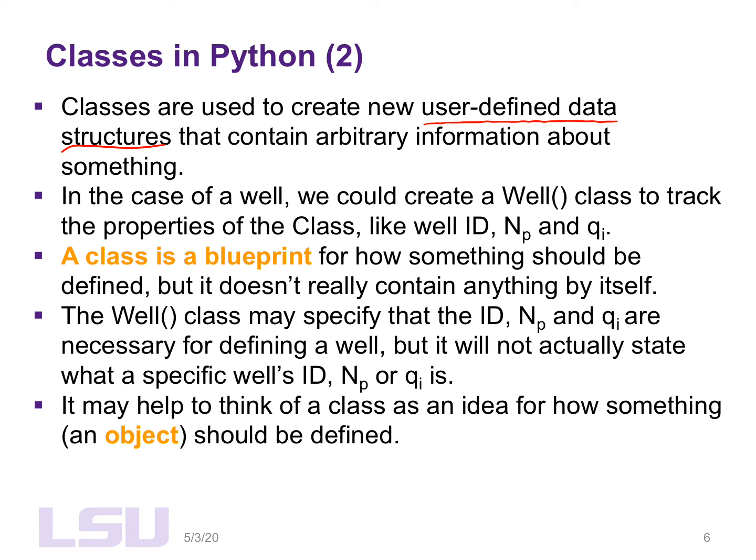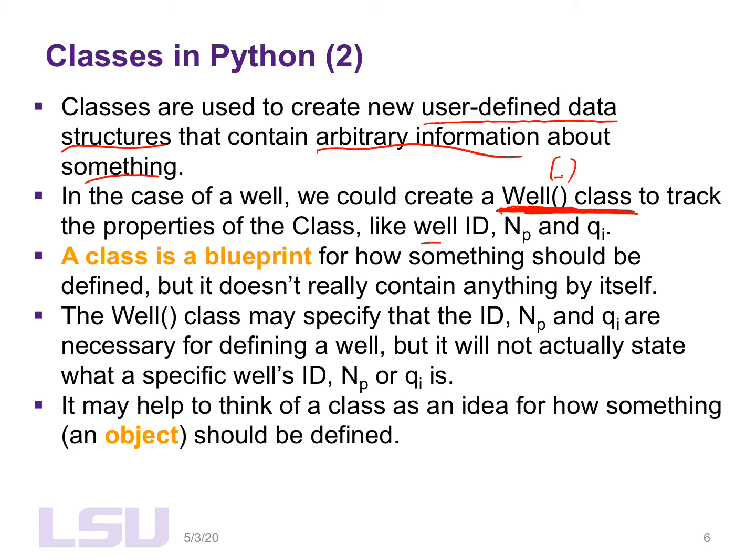We can create our own data structures that can contain arbitrary information, meaning information we decide, information we choose about the object. So in the case of a well, we could create a well class. So I'm just showing you this function which can contain any argument or no argument. So this is a well class, and we're going to use it to track the properties of that class.